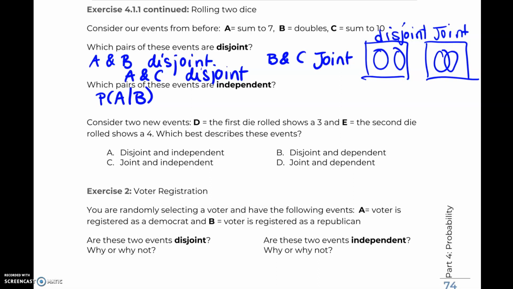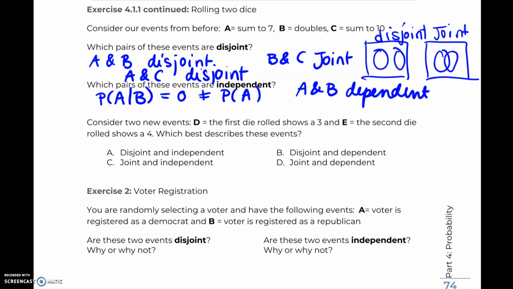Given that we have doubles, what is the probability that we have a sum of 7? Well, the probability of having a sum of 7 is equal to 0, which is not equal to the probability of A, which was 1/6. So we already can tell that A and B are dependent.